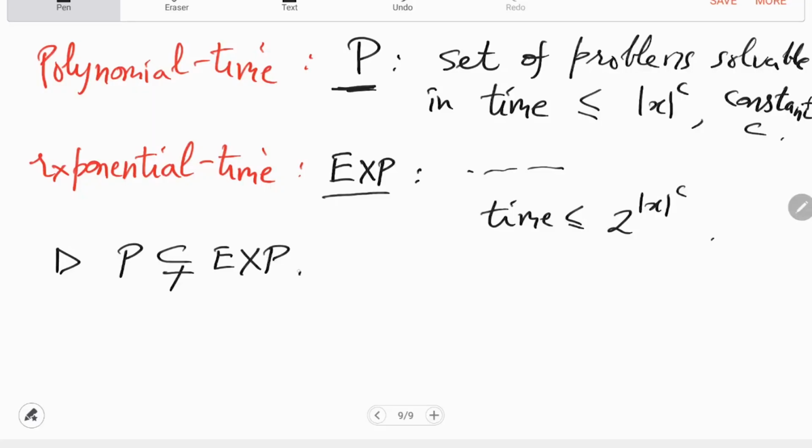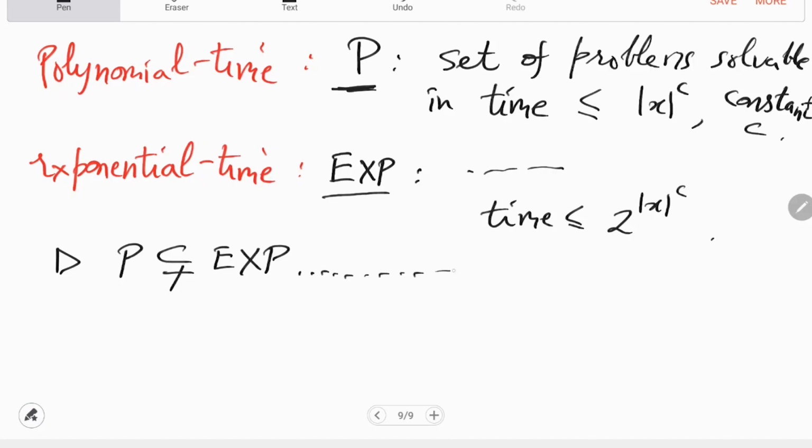Are there problems which are outside exp? It shouldn't come as a surprise that there are very, very hard problems. There are infinitely many complexity classes above exp also, but for now we don't care about that.